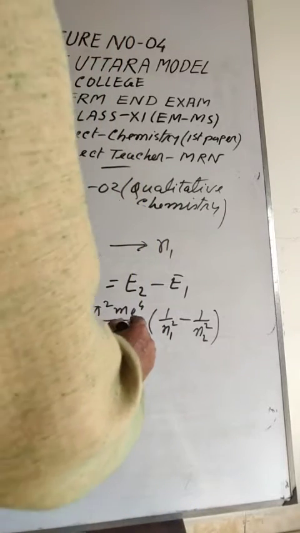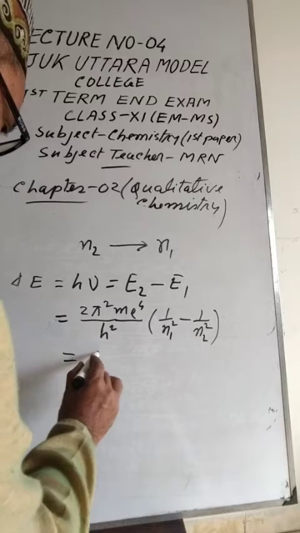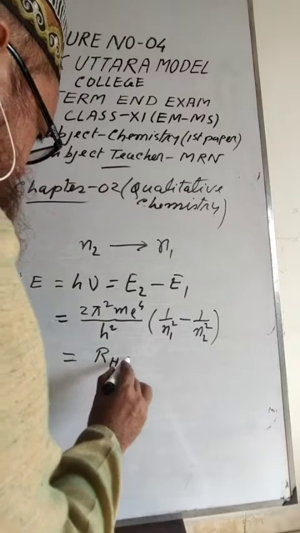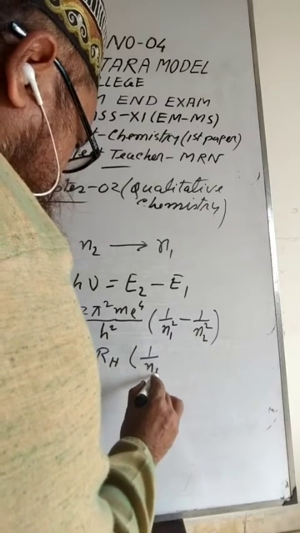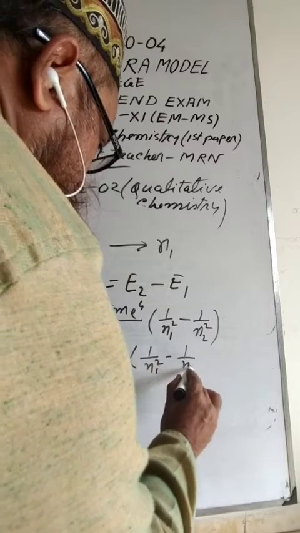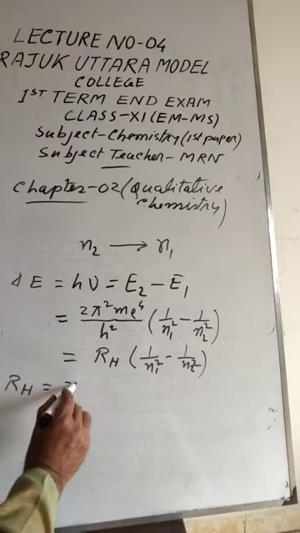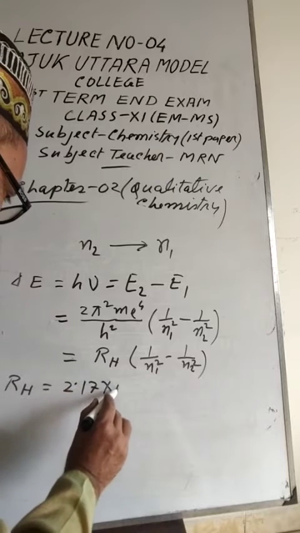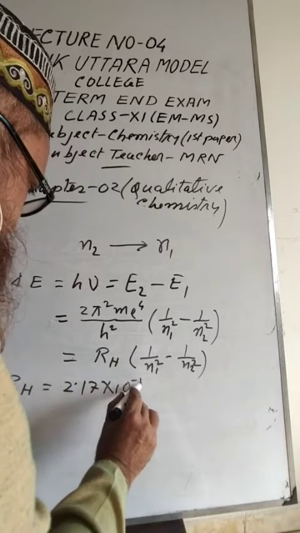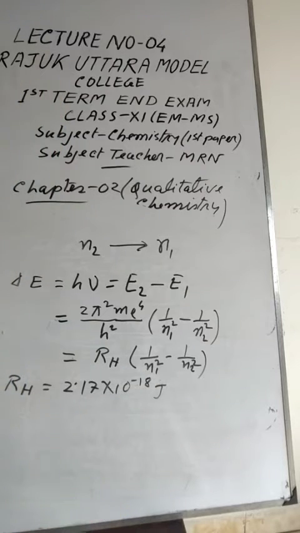This part is taken as the Rydberg constant. This one is RH. RH is called the Rydberg constant, and this value is for the case of energy. We have to learn 2.17 into 10 to the power minus 18 joule.